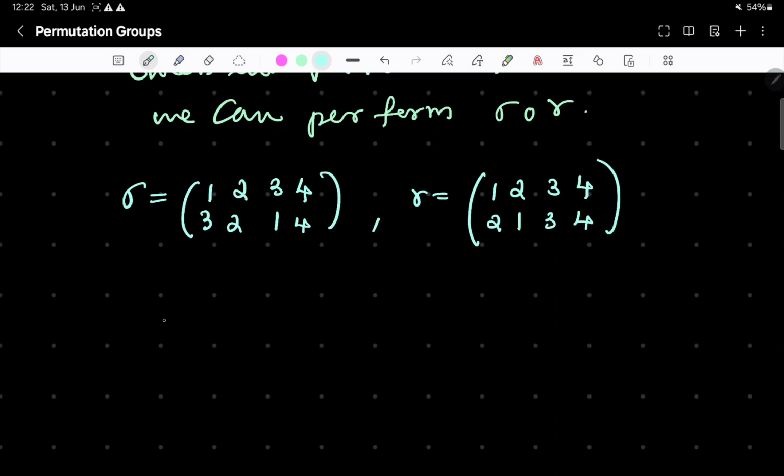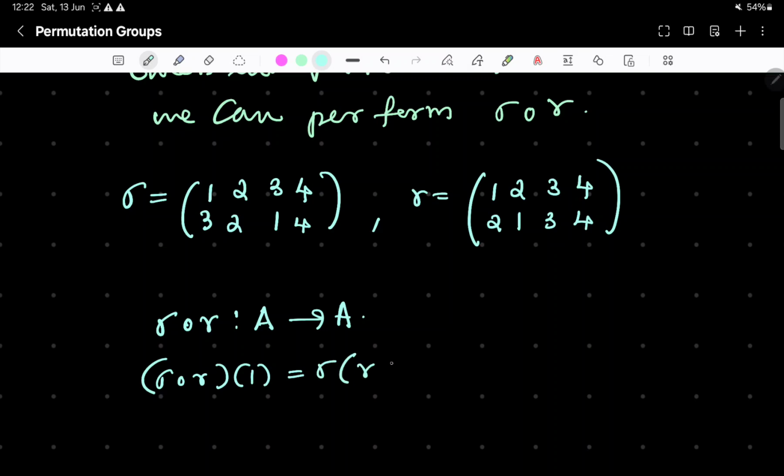Let's do it in the normal way. Sigma dot gamma is again a function from A to A, and sigma dot gamma of 1 is sigma of gamma of 1. Gamma of 1 is 2, so we can write it as sigma of 2. Sigma of 2 is again 2.